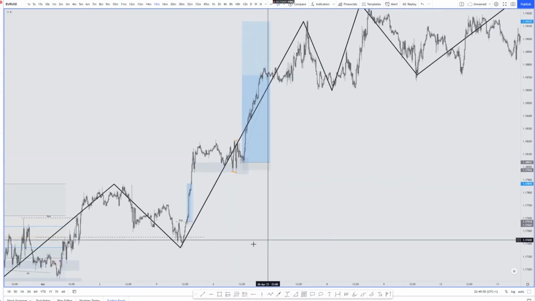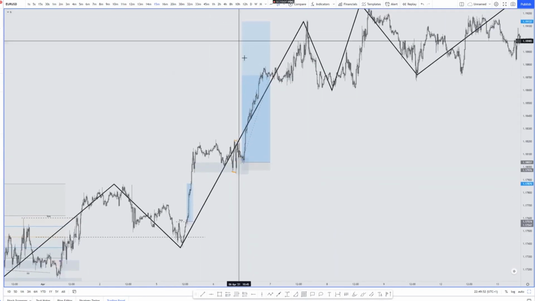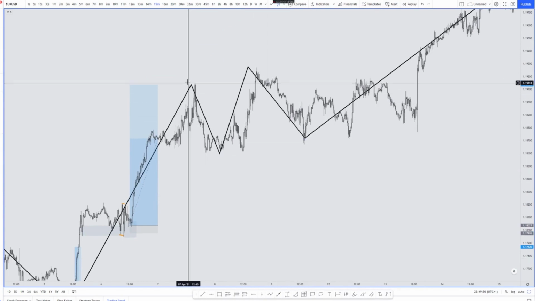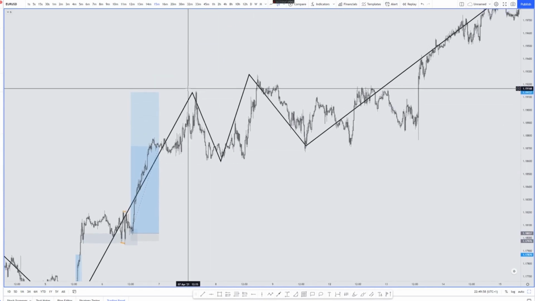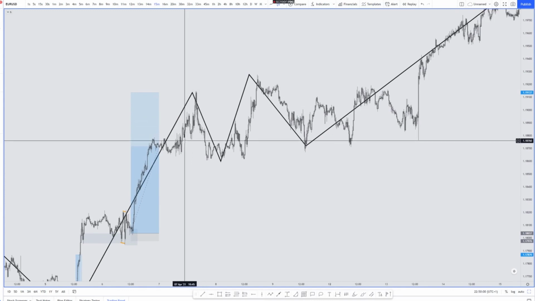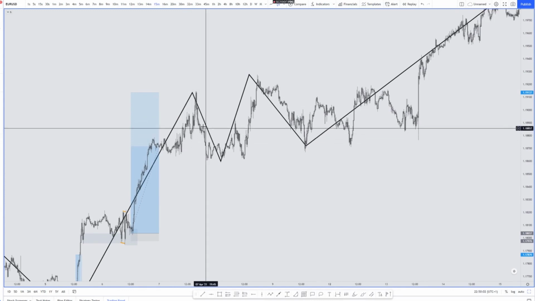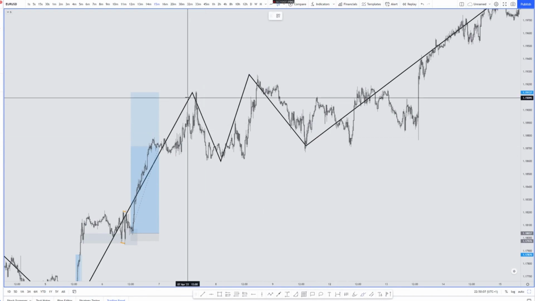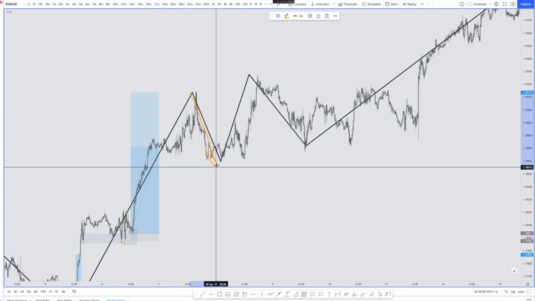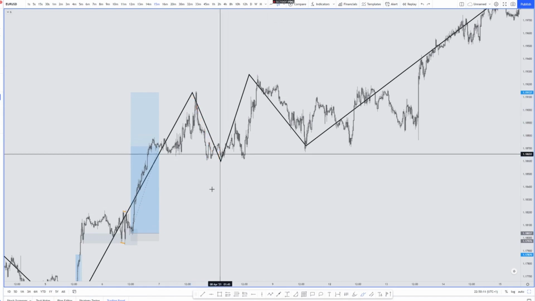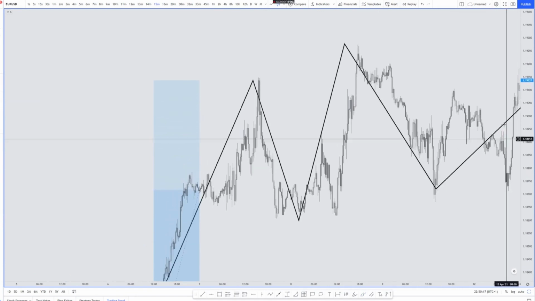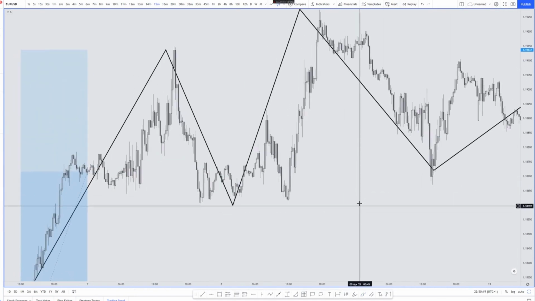But the expectation is, even though this impulse is very bullish, that there is going to be some sort of a pullback. Now this one, you may or may not have even caught this pullback as it pulled back and pretty much went the other direction pretty quick. And let's just zoom in on that. We can kind of look at it a little bit closer.